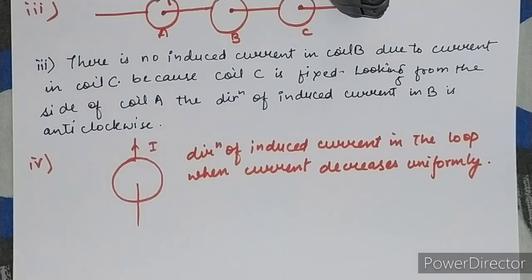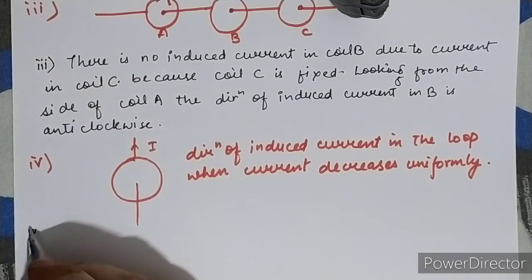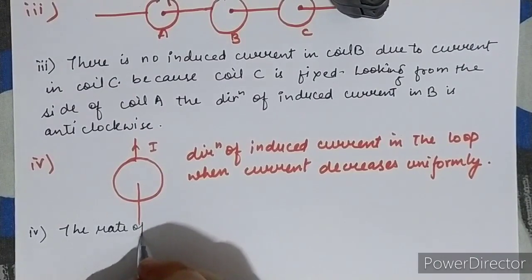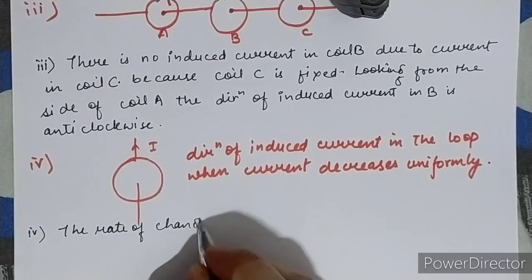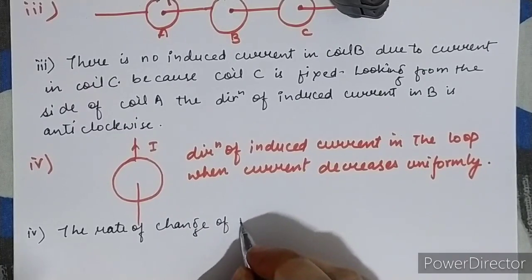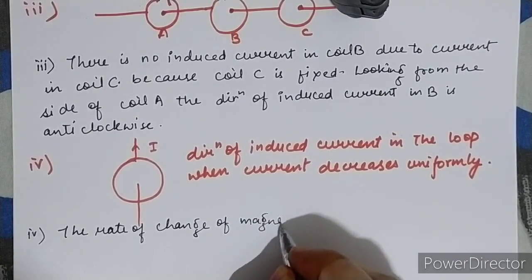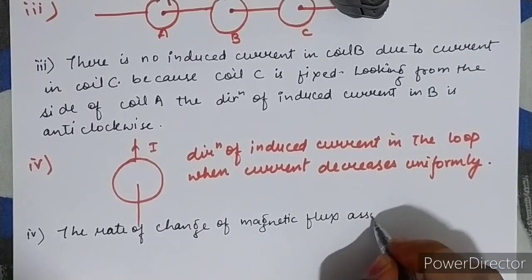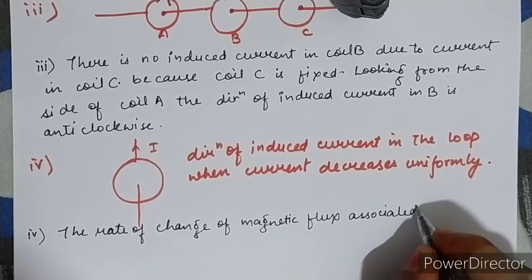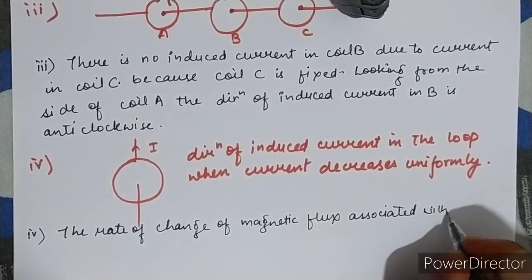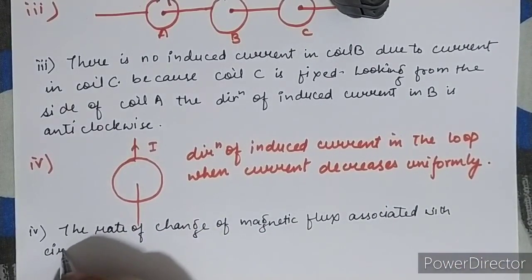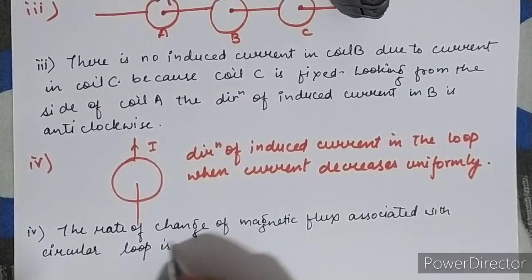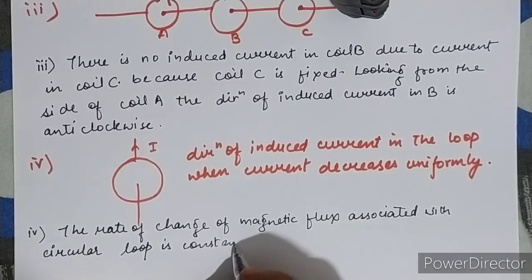Okay, so its solution I am writing: the rate of change of magnetic flux associated with circular loop is constant.